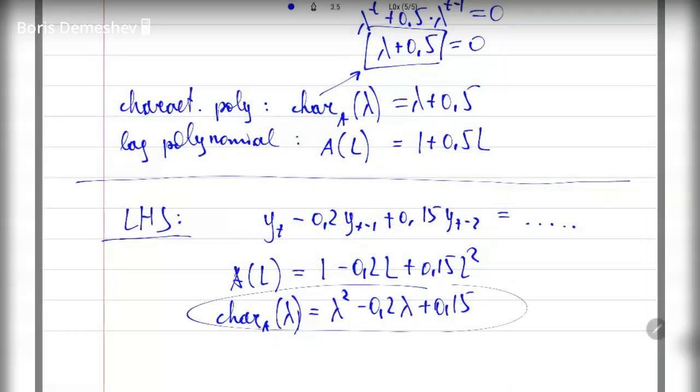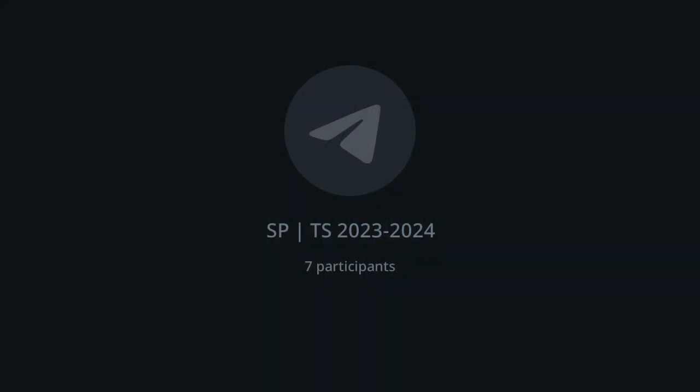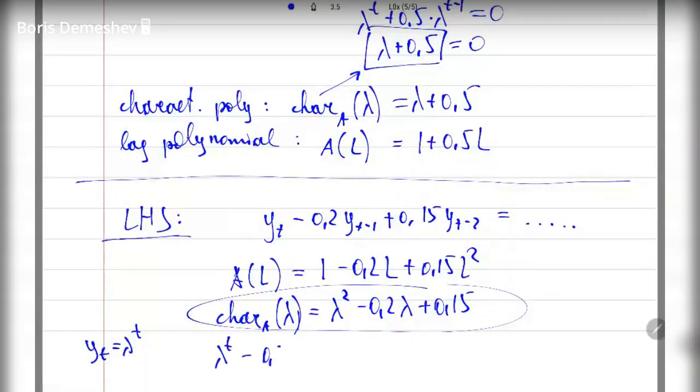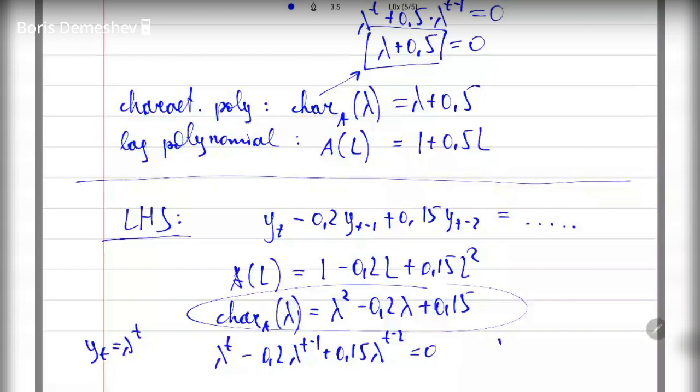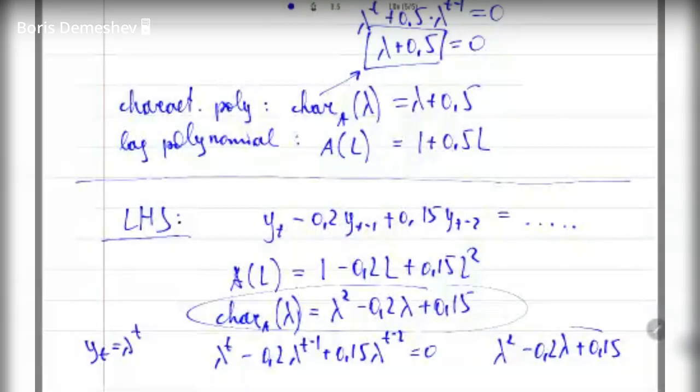Let's obtain the characteristic polynomial once more. If I replace yt by lambda power t, searching for a deterministic solution, a geometric sequence, I get lambda power t minus 0.2 lambda power t minus 1 plus 0.15 lambda power t minus 2 equals 0. I can cancel out lambda power t minus 2, and I get lambda squared minus 0.2 lambda plus 0.15. That's the characteristic polynomial.